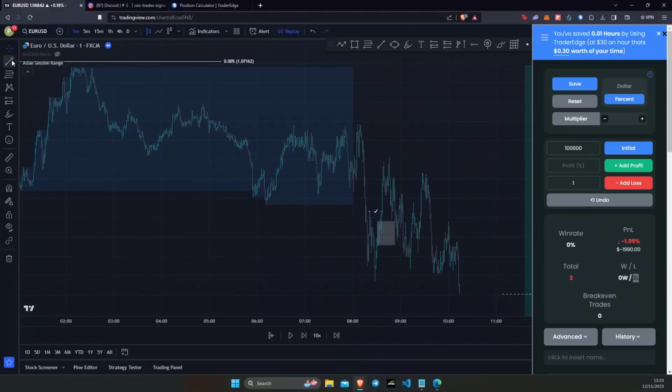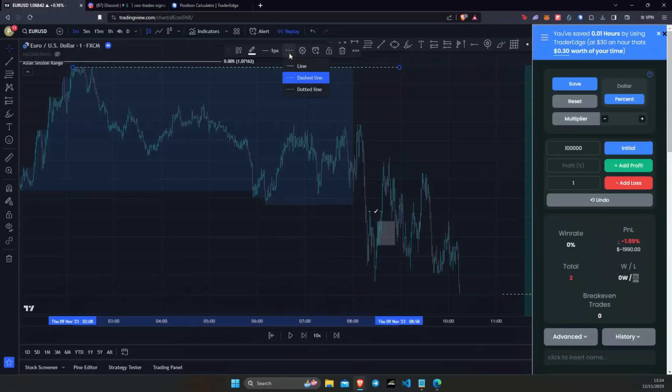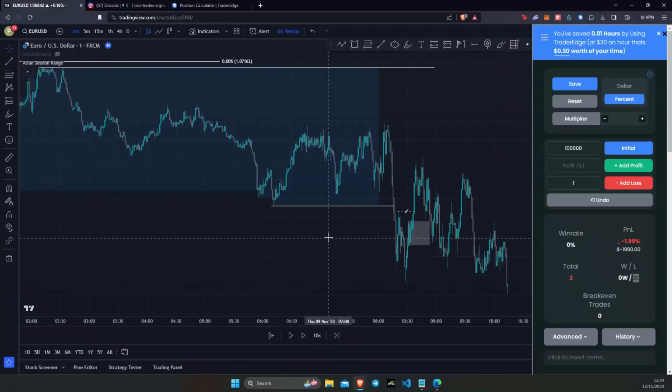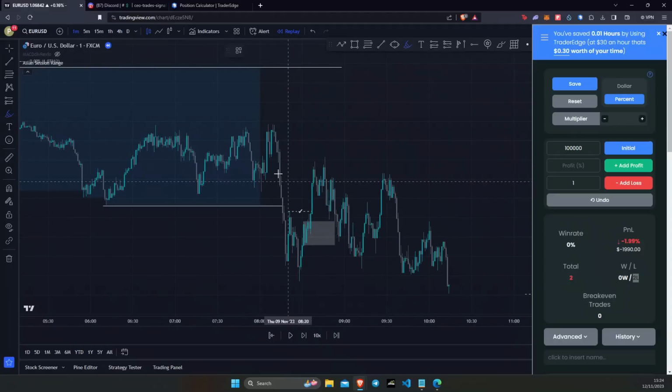But we've got our Asia high right there. And then we've got our Asia low right there. Cool. So once we've swept it to the downside, we can see that we've created a lower low, a lower high, a lower low, and now we've created a higher high, breaking this structure right here, right?